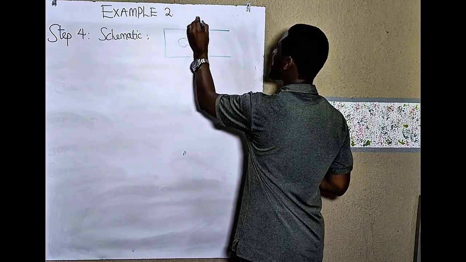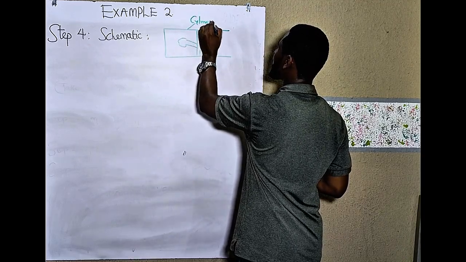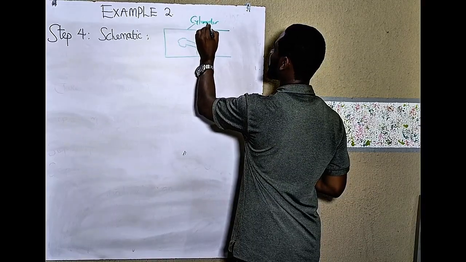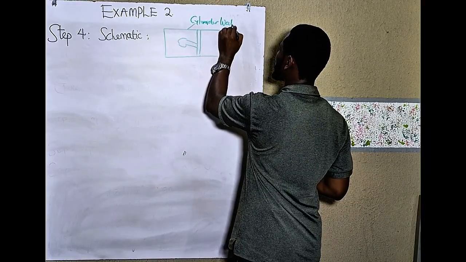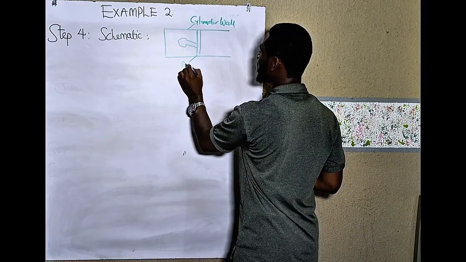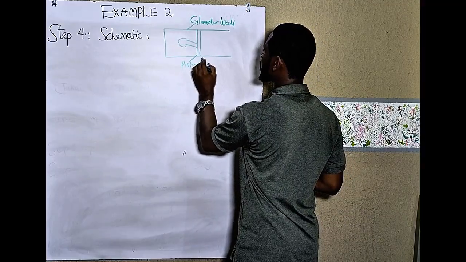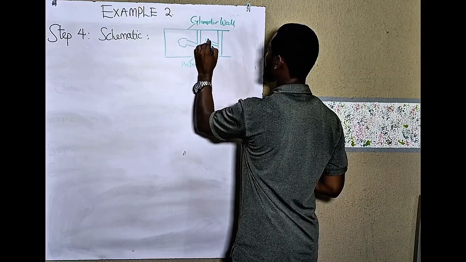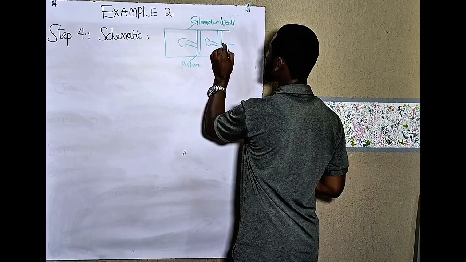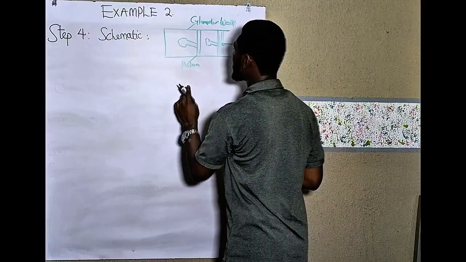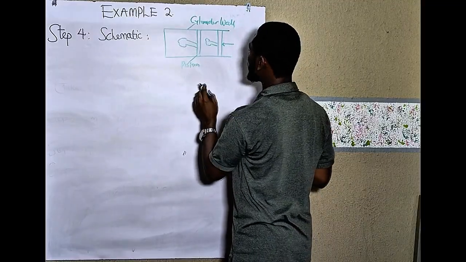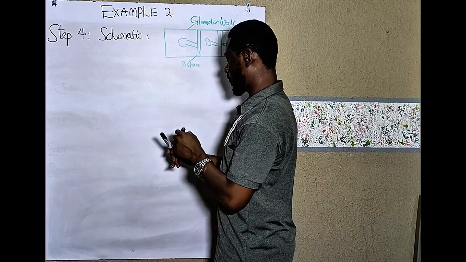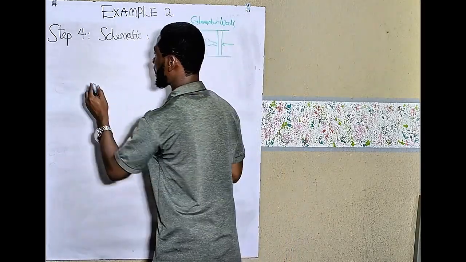This is the cylinder wall. This is the piston. As the piston compresses, there is a reduction in the volume and there is an increase in the pressure.